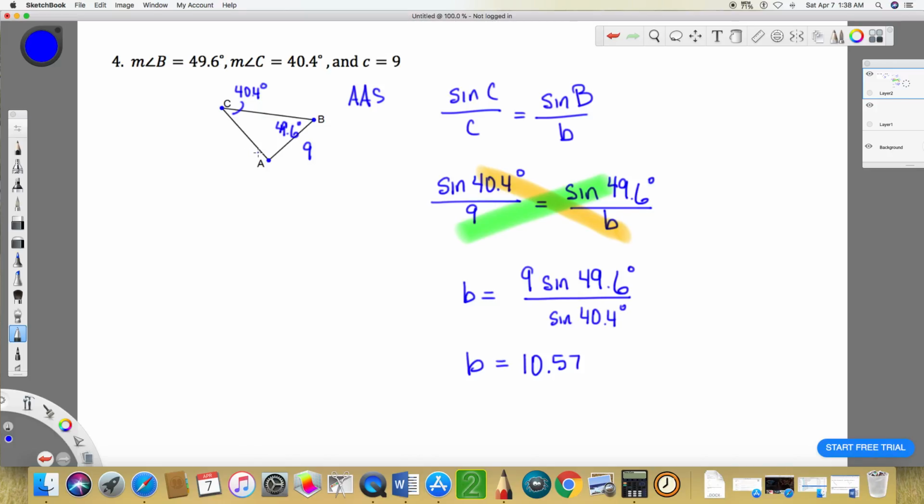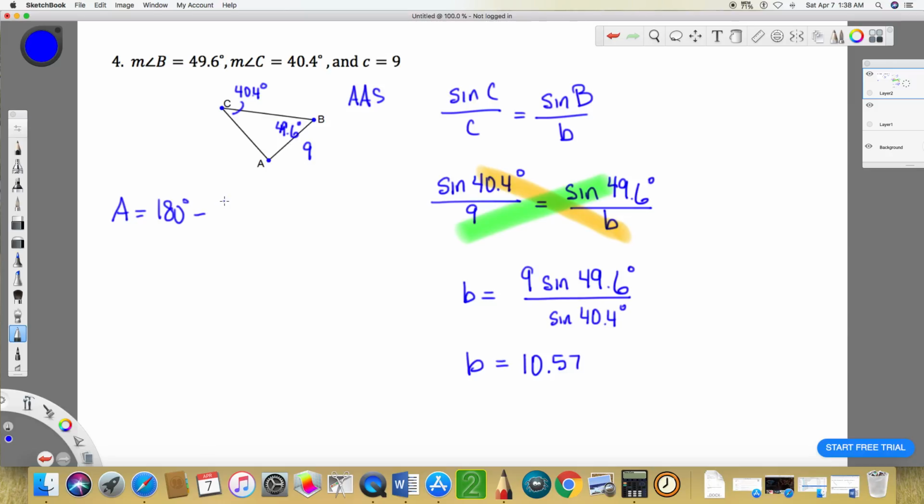So we can easily find the measure of angle A because we know the other 2 angles, and the triangle angle sum theorem tells us that the sum of the 3 angles inside any triangle always add up to 180.